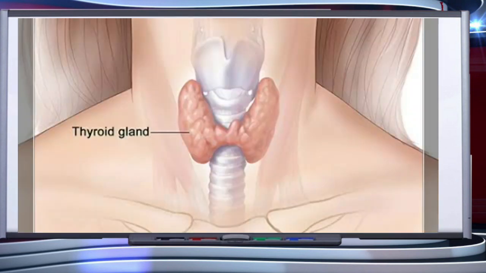The next gland we are talking about is the thyroid gland, which is composed of two lobes placed on either side of the trachea. Both the lobes are interconnected with a thin flap of connective tissue called isthmus. The thyroid gland is composed of follicles and stromal tissues.